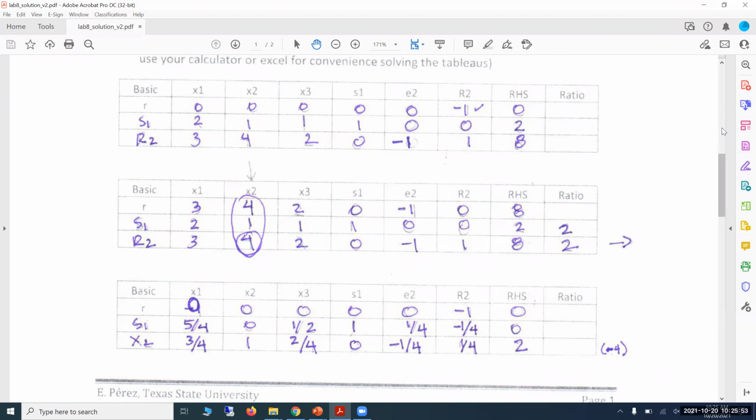One more time, just -4, you multiply that by 1, and then you add it to row 0. Yep. That's all for the first phase. Phase 1.